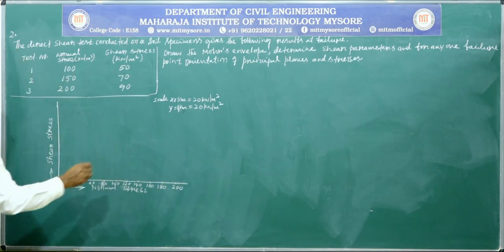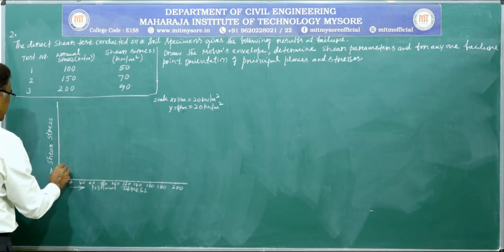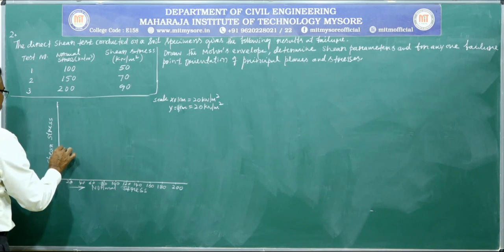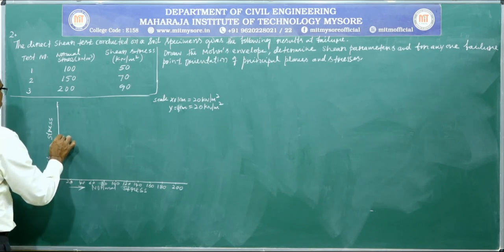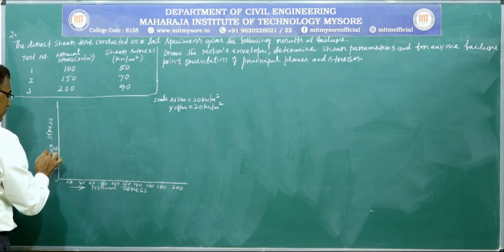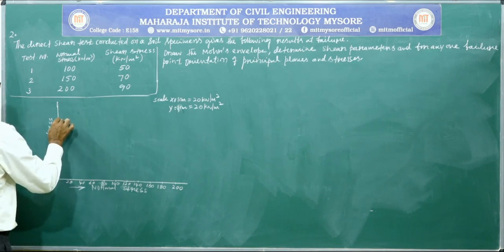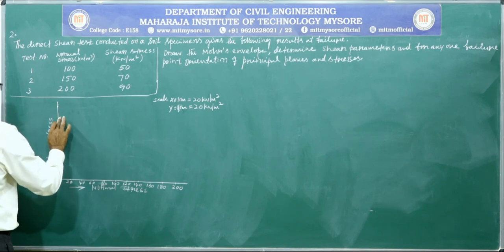This is the normal stress axis. Then the shear stress axis: 20, 40, 60, 80, 100.